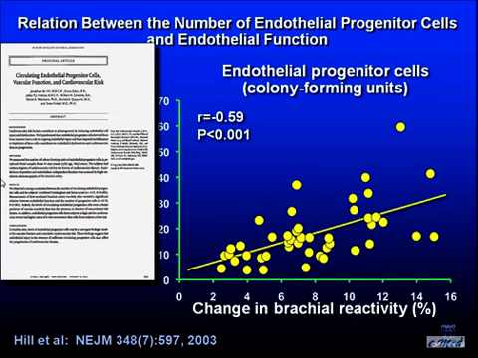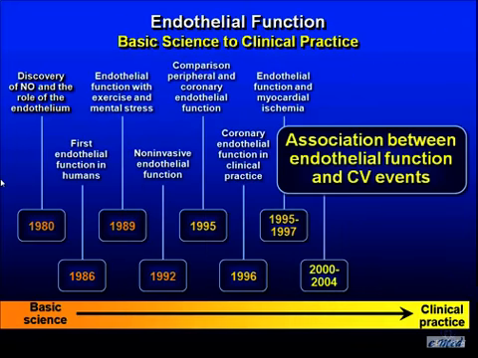This was also supported by studies in New England that showed the same phenomenon in the peripheral circulation. So endothelial dysfunction is a state of vascular injury and lack of repair that may lead to the development of a plaque and a vulnerable plaque, and may lead to progression of disease.